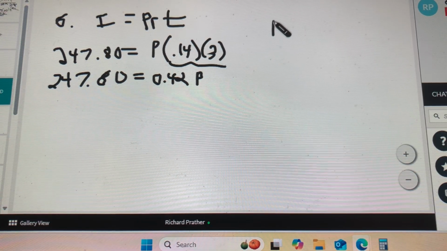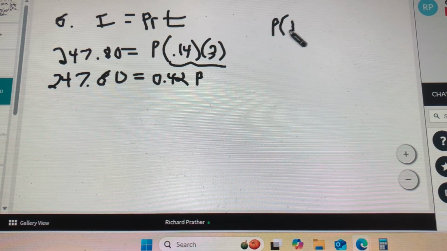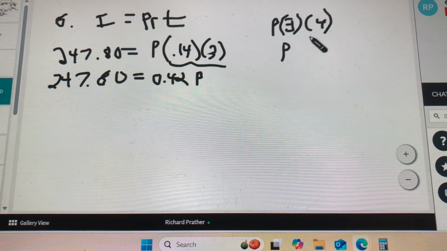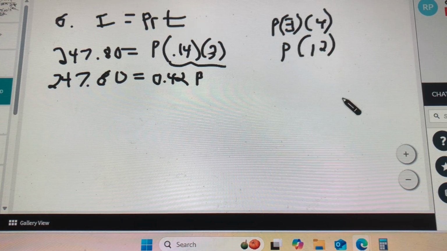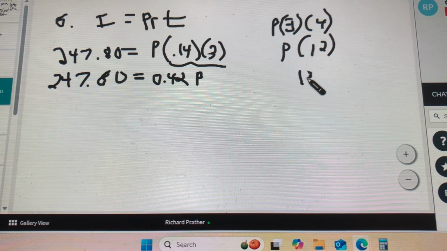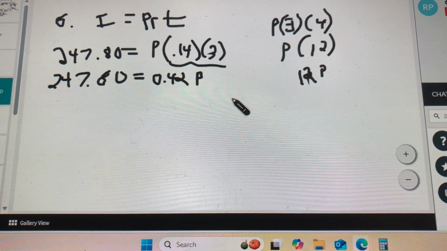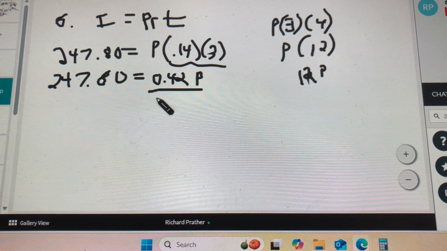You see, if you had p times 3 times 4, 3 times 4 is 12. P12, but they always write 12p. Nobody ever writes P12. So whenever there's a variable, no matter where it is, front, middle, or back, after you've done the math part, just put it in the back. The variable always goes in the back when you're done working with something. So now divide by whatever's in front of p.